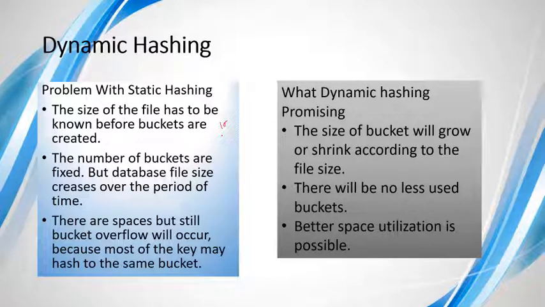So let's go to some example. Suppose in the instructor table we want to insert records using the dynamic hashing technique. In this case we have to generate the hash address in binary format. Initially our b is 0.